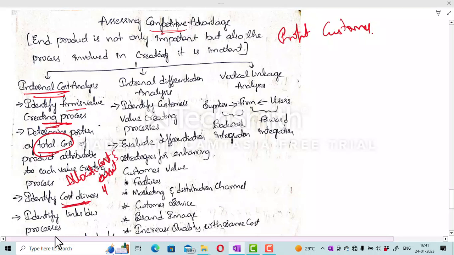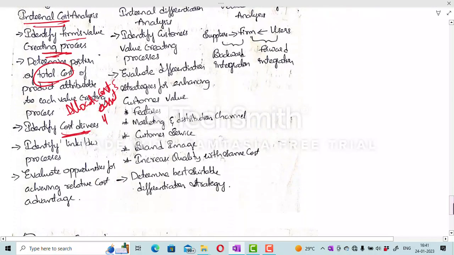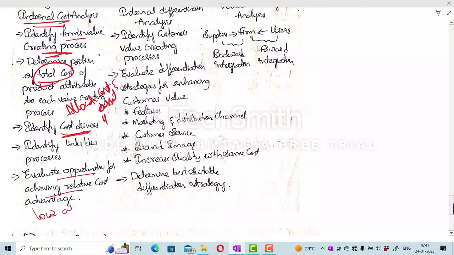We need to analyze and identify the links between the processes, and evaluate the opportunities for achieving the relevant cost advantage, because adopting low-cost areas will give a low cost advantage, and long term contracts will be more profitable.